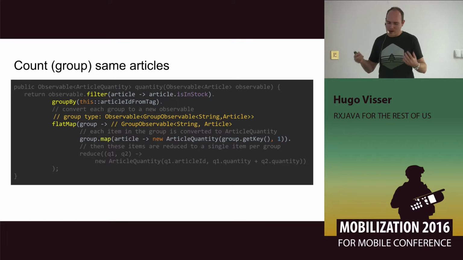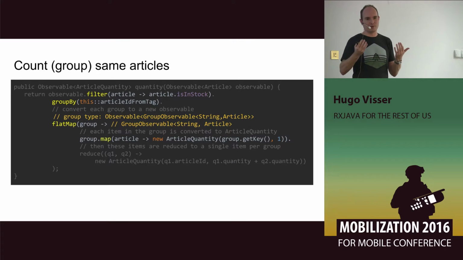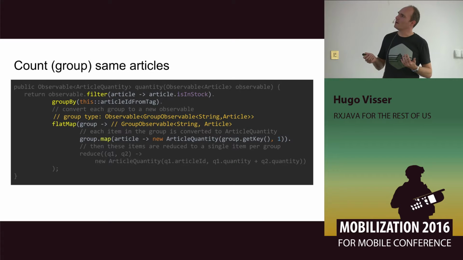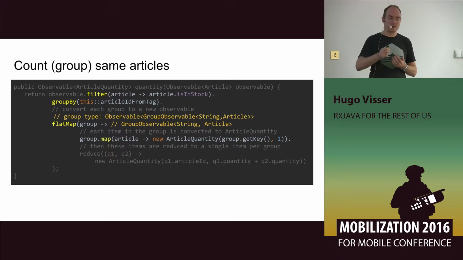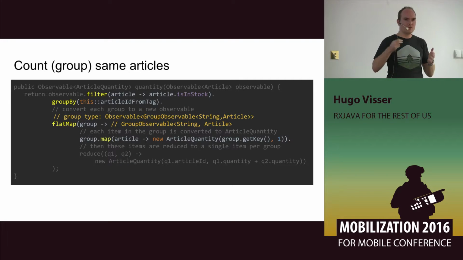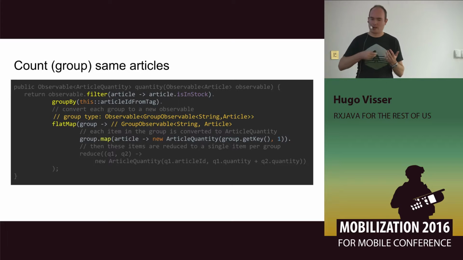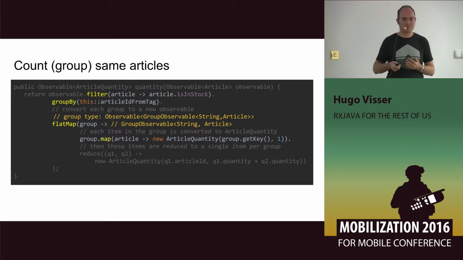What we're going to do now that we have these nice groups, we can apply an operator on this group observable, which is flat map, which is the one that I've shown. So we get for every value event, which is now an observable, we want to do something with that. So we want to actually process every group.